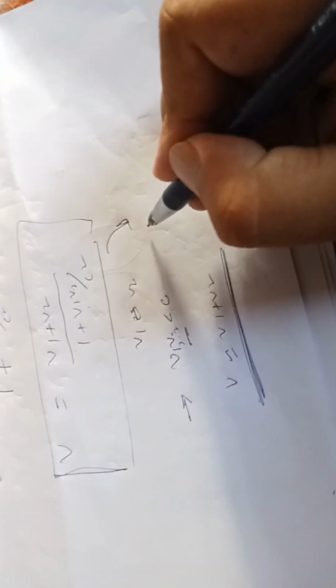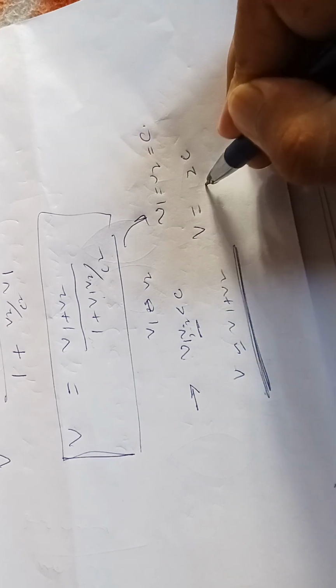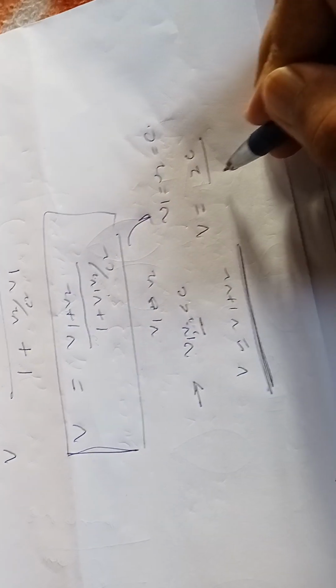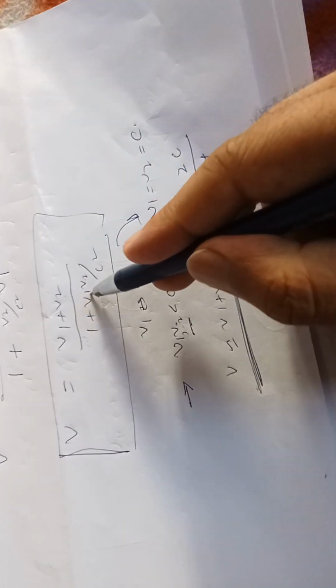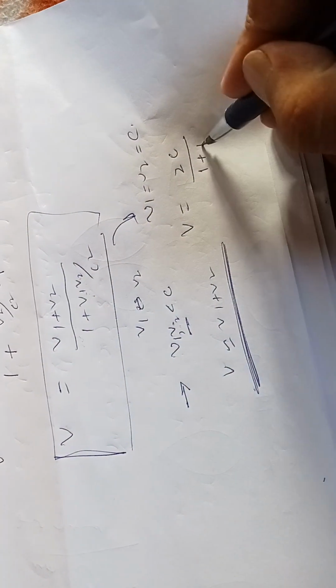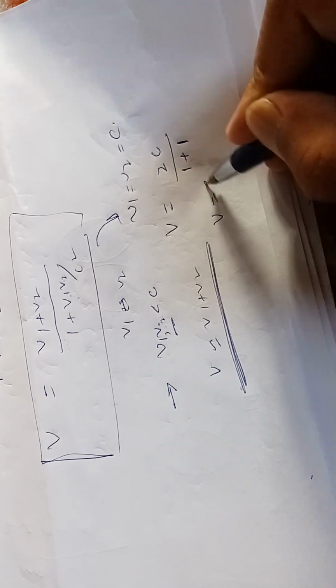Now the third case: if v1 is equal to v2, equal to c, then v is 2 times c upon 1 plus c square upon c square, that is 1 plus 1, so v will be equal to c.